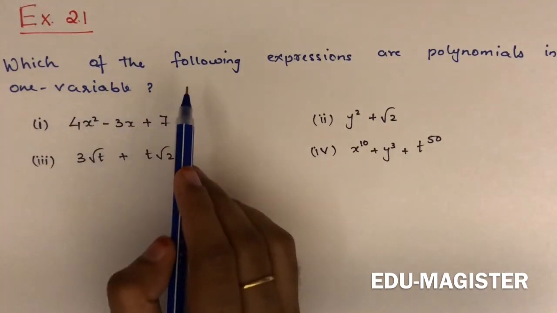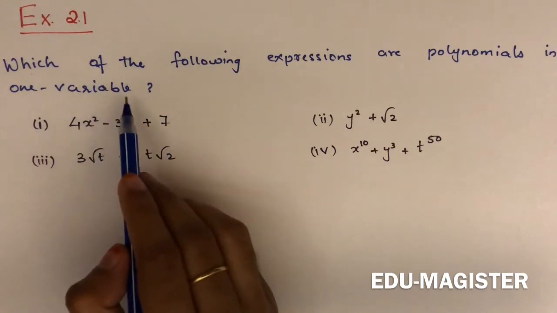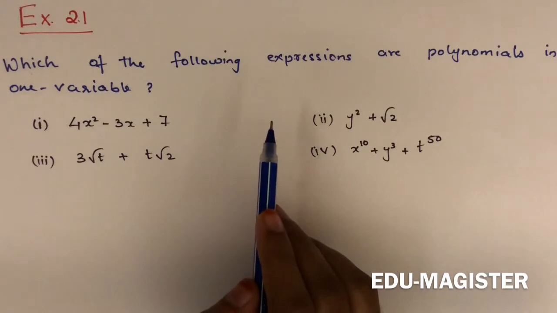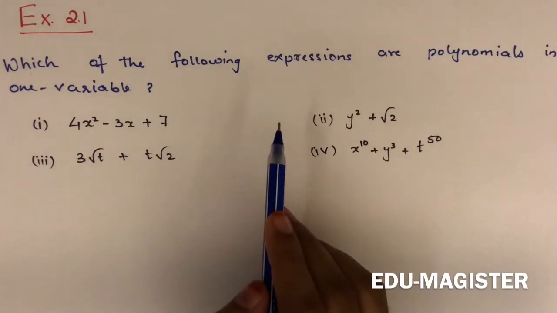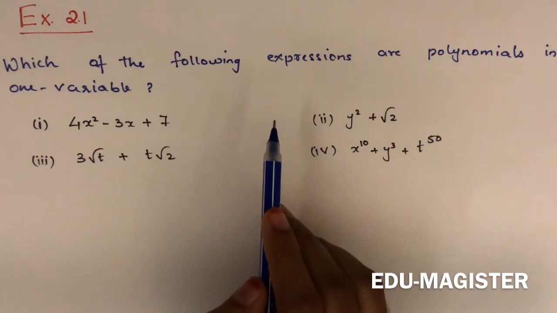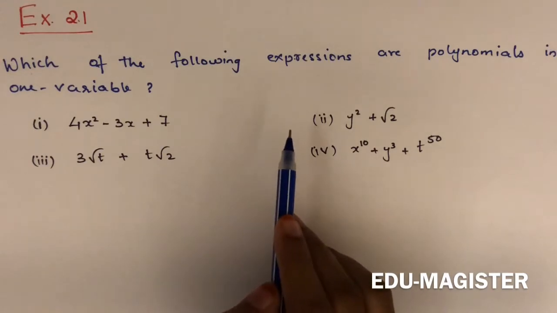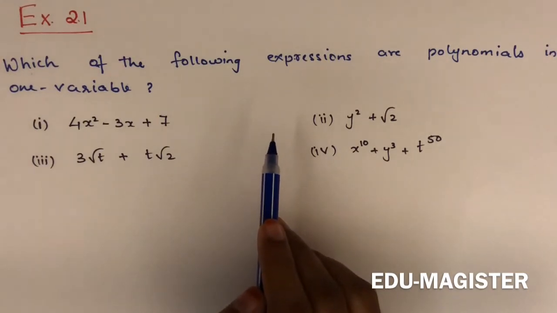Which of the following expressions are polynomials in one variable? As we discussed in the previous video, we are dealing with polynomials in one variable only in this chapter. So in this question, they are asking us to identify those polynomials that are in one variable.